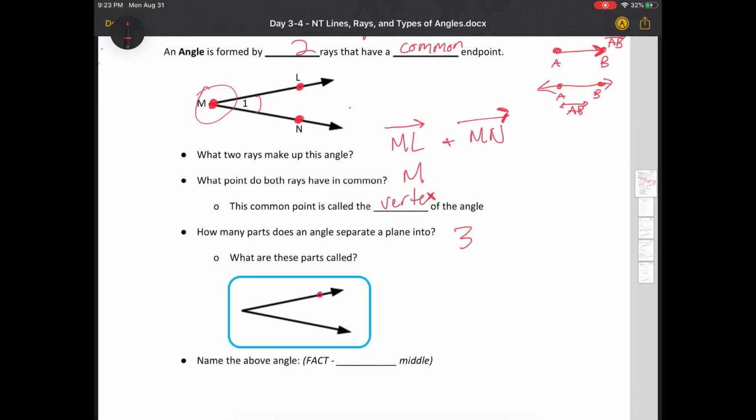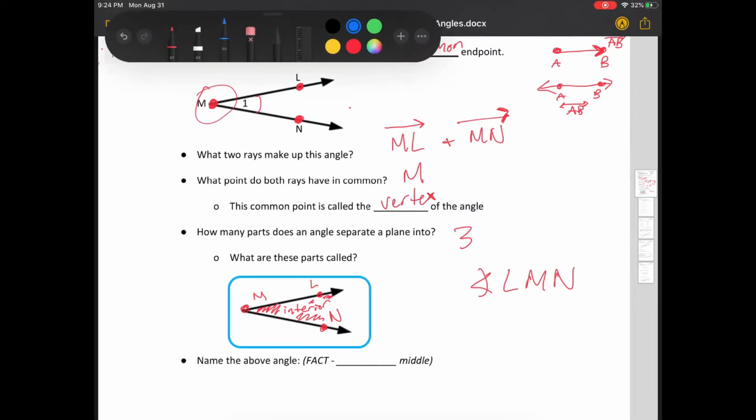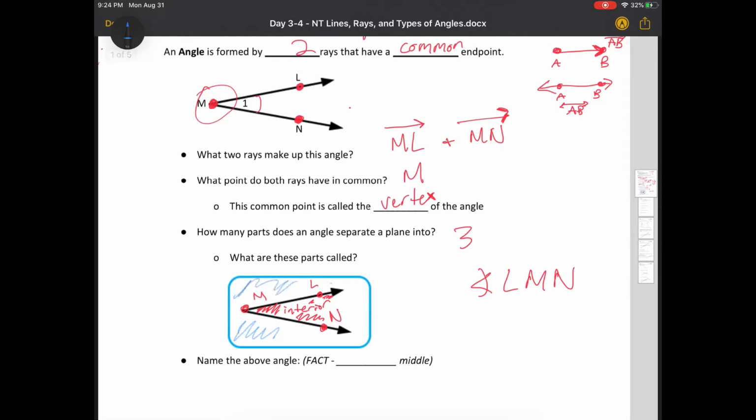So we have some angle down here. Let's say it's angle LMN. So angle LMN. We're going to go over the naming in a second. So the most important part here is to see what the plane is broken up into. So let's say this is also called angle 1. There's a couple ways we can name this as well, but the parts that this is broken up to is first the interior, meaning the inside of the angle or in between both rays, or we have the exterior, the outside of the angle, what's not inside of it.